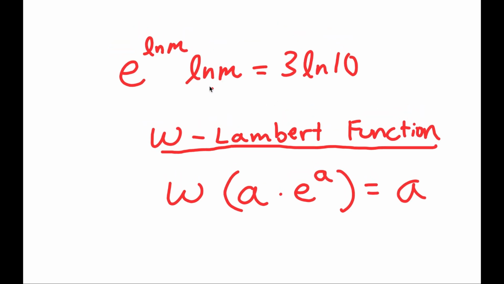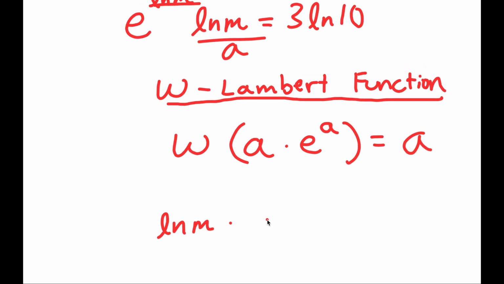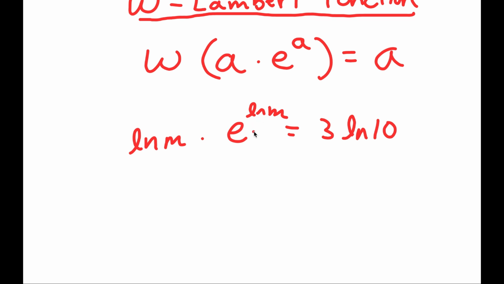So in this case, notice how we have ln m times e to the power of ln m. We can think of ln m as a in this case, and this is in the form a times e to the power of a. So if I take the W of this, it would equal ln of m.